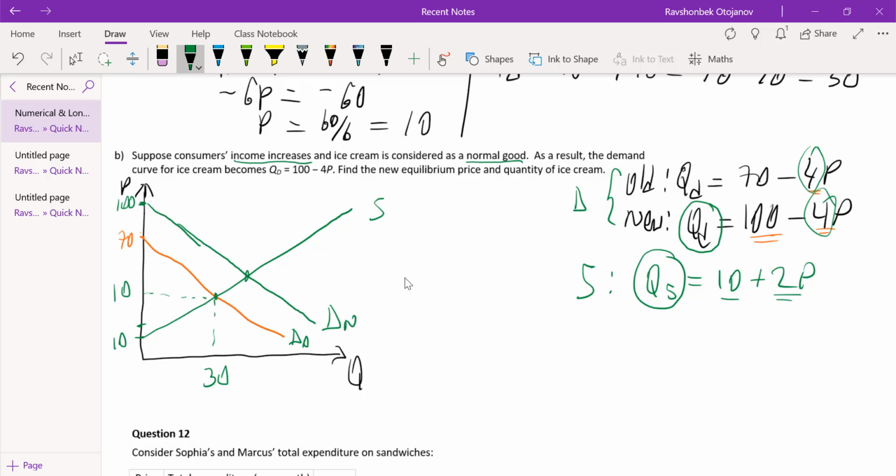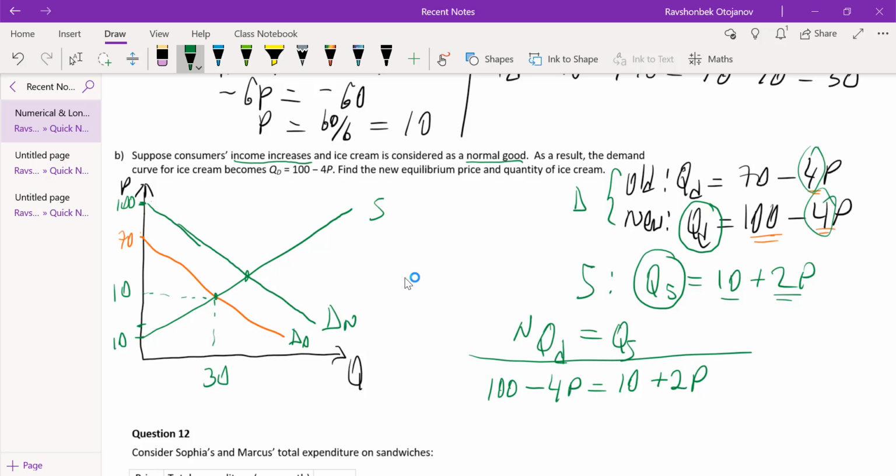Let's move on, and we will equate the quantity demanded. So this is new quantity demanded equals quantity supplied. Then the solution procedure is the same as before. Again, we will gather the similar terms.